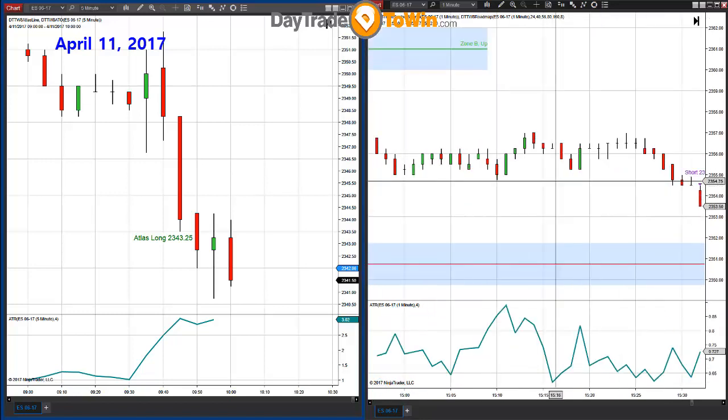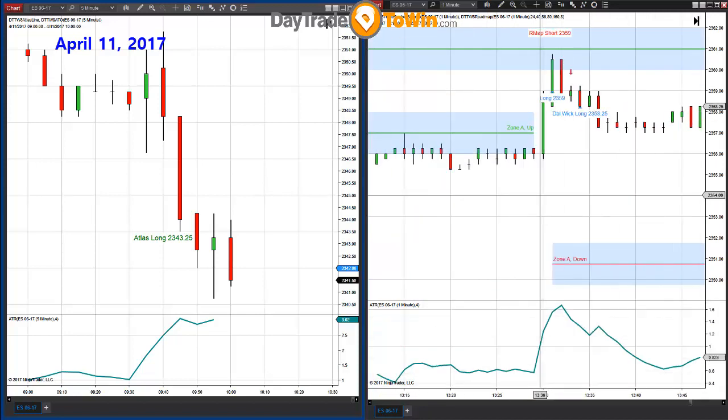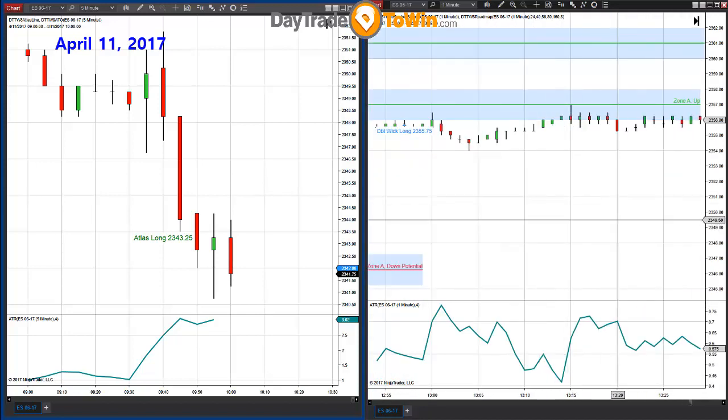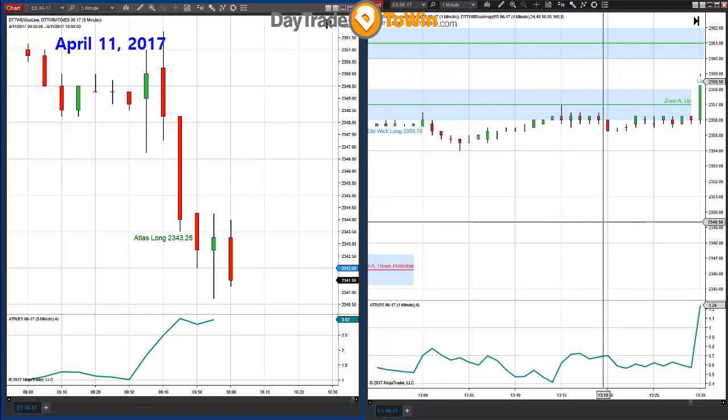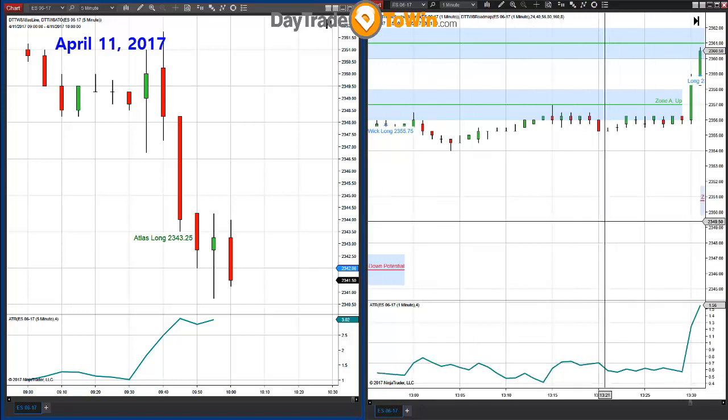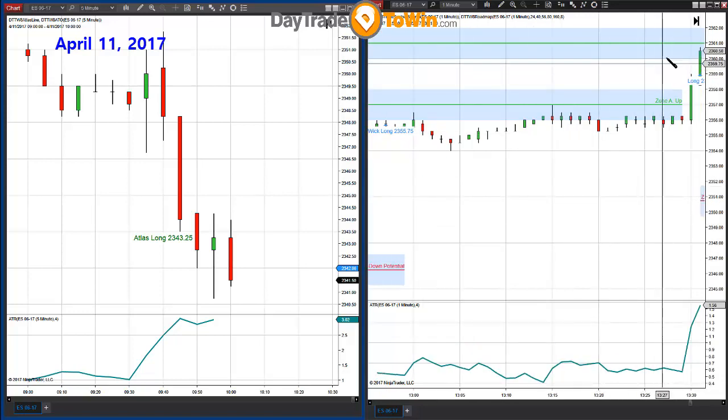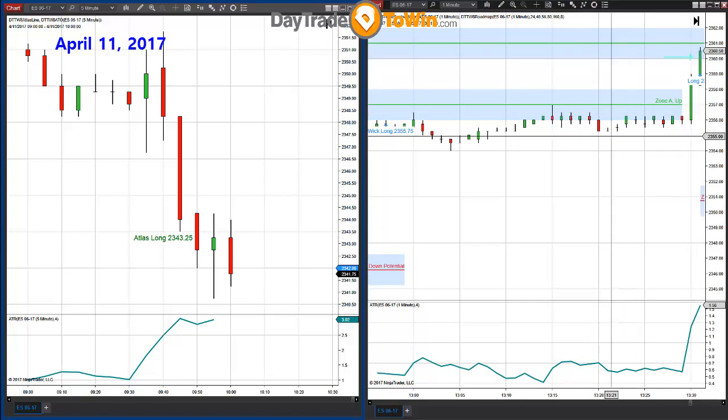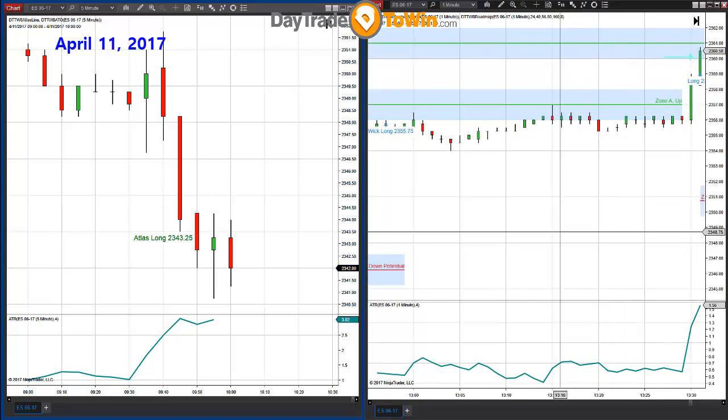The same thing with, let's say, an opposite signal. You're long and you're long and you're long and you're still long, and finally it hits my roadmap zone. Should I be long the market? It doesn't matter if it's the Atlas line or if it's the ATO or if it's any signal.